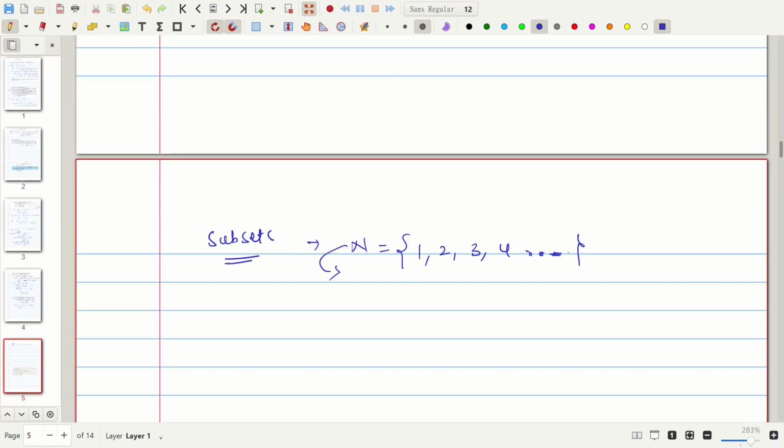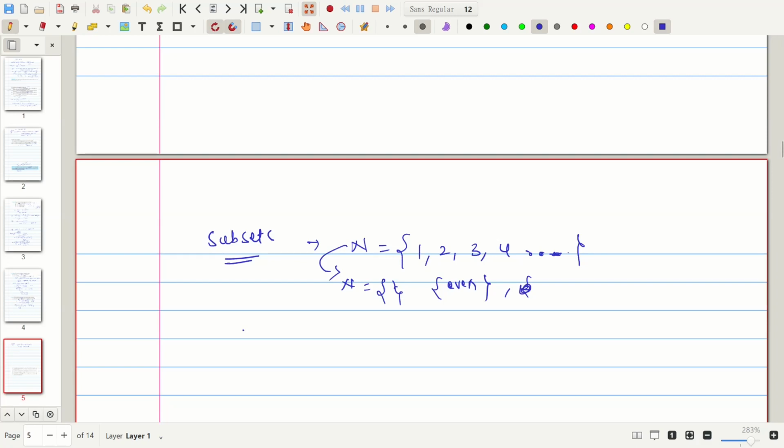From the natural numbers we can write a list of odd numbers and a list of even numbers. I will give you an example here.